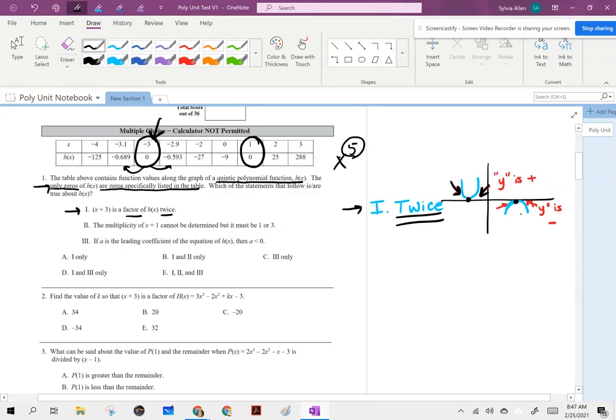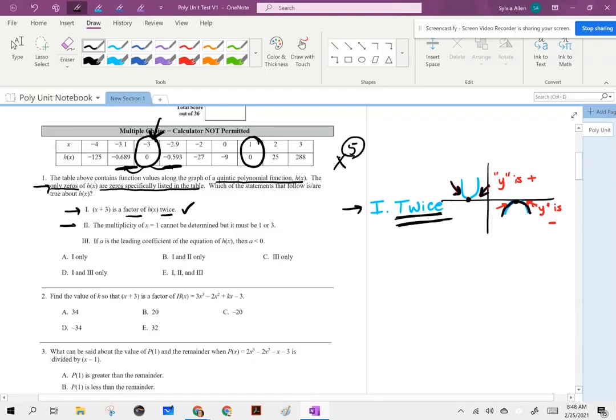So basically the y values are going to be the same sign if you have a multiplicity of 2. So if I take a look at that, I would agree that that is correct because we've got negatives on both sides. So that would imply that there is some sort of bounce going on.